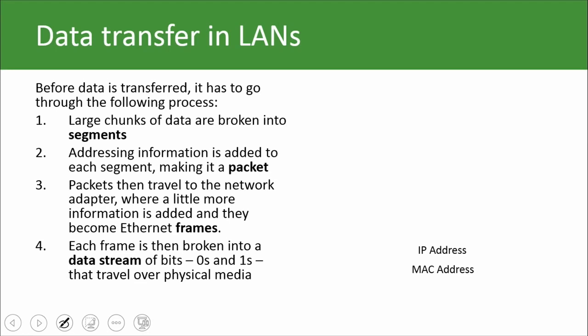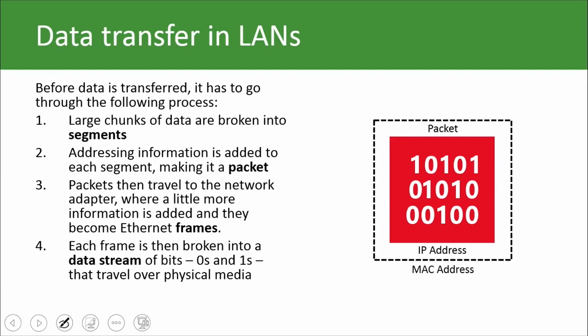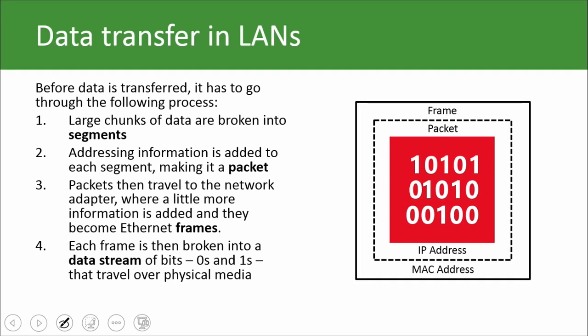So before data is transferred, it actually goes through this really interesting process, right? We break large chunks of data into things called segments, okay? Addressing information is then wrapped around that segment, and we call it a packet. From there, we then add a little bit more information in order to make it something called a frame.